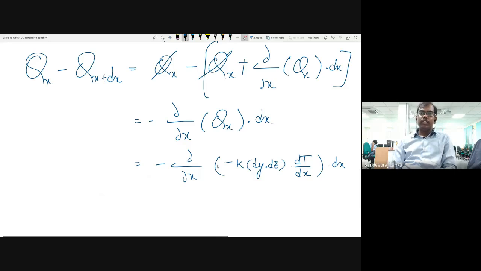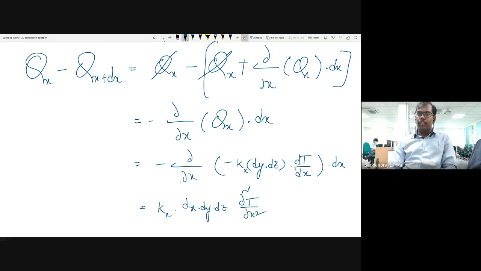So minus into minus will be plus. This is actually kx. We will take kx outside. Dx, dy, dz are also not changing, so you can take all of them outside. Dx into dy into dz will be taken outside. And dou by dou x of dou t by dou x will give you dou square t by dou x square.